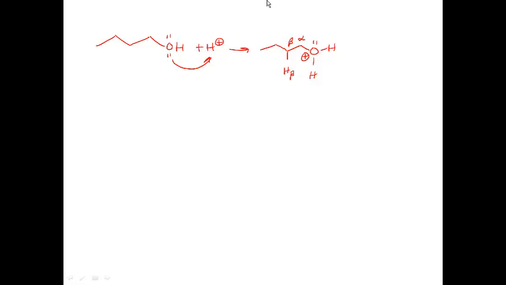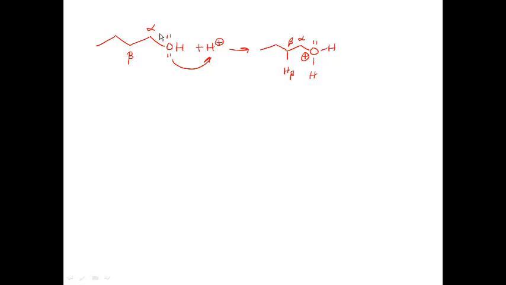Before I finish this mechanism, doing eliminations on primary alcohols is actually pretty easy because if the primary carbon is the alpha carbon, there's only one set of beta hydrogens, so there's only one product that can be formed, so we don't have to worry about multiple products.